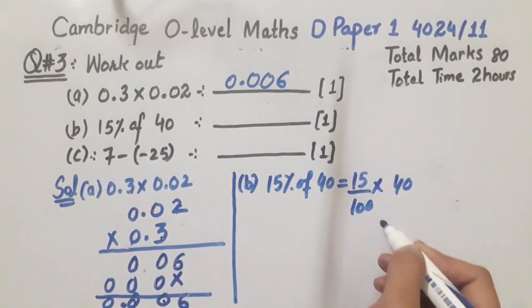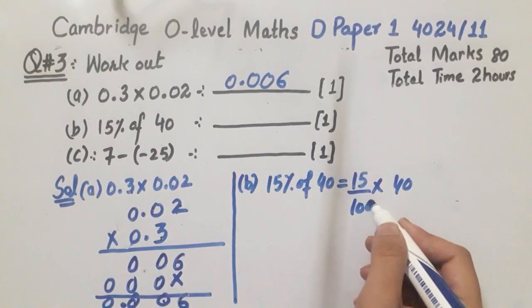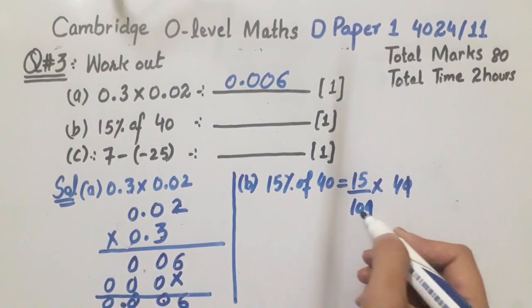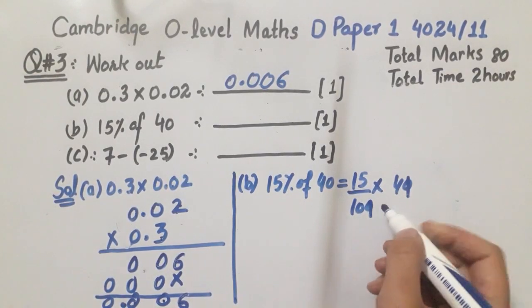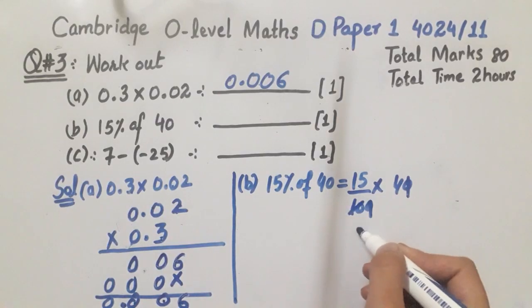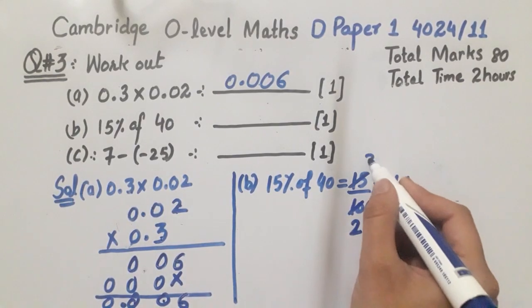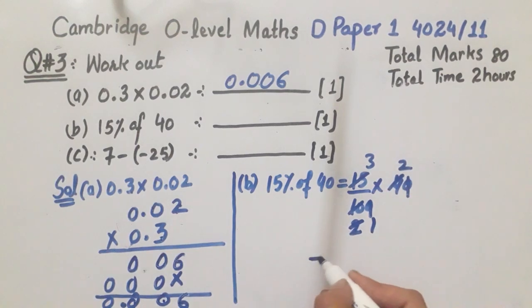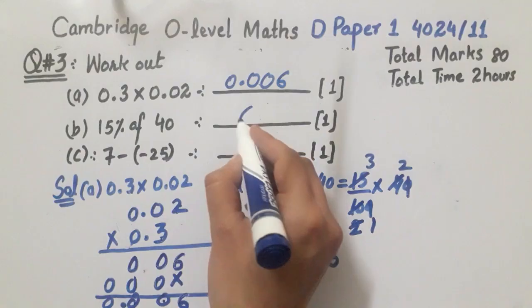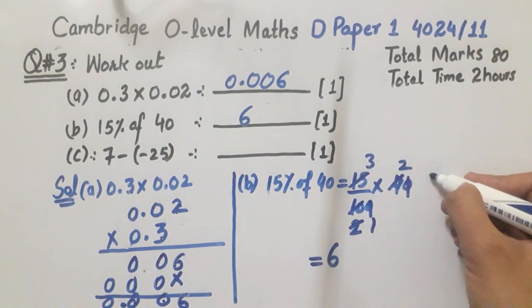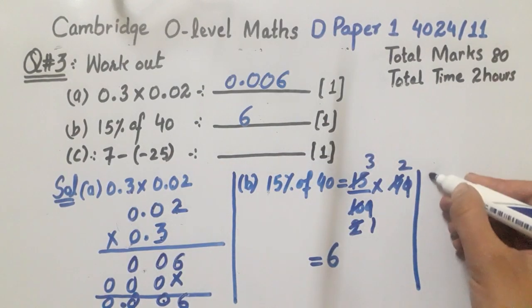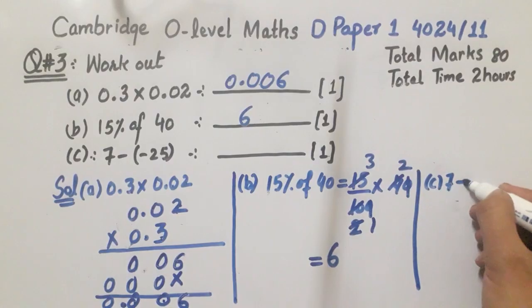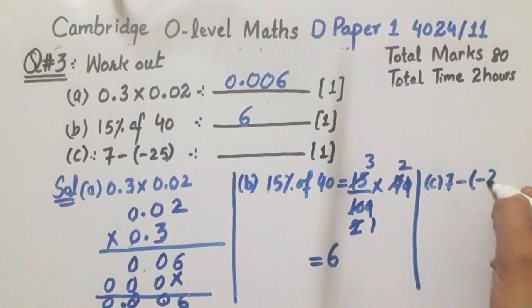So simplify this: 0 is cancelled out by this 0 and then you have 5 2s are 10 and 5 3s are 15, 2 1s are 2 and 2 2s are 4. So this is equal to 6. So the answer of the B part is 6. Now we will solve the C part, that is 7 minus minus 25.